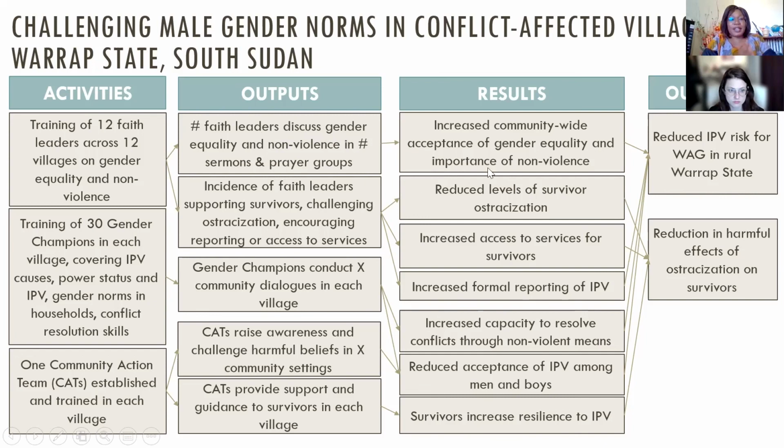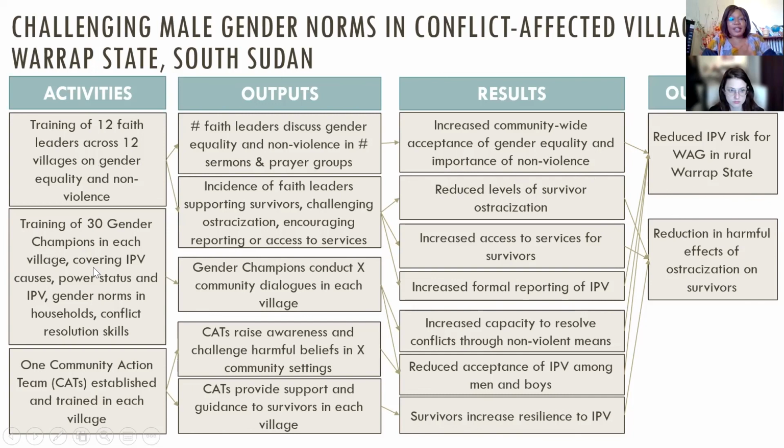And we expect those things to lead to an increased community-wide acceptance of gender equality and non-violence, reduced ostracization, increased access to services, and increased reporting. And those changes, those results, we expect to see yielding a reduced IPV risk and a reduction in the harmful effects of ostracization. So that's all stemming from the work with faith leaders.